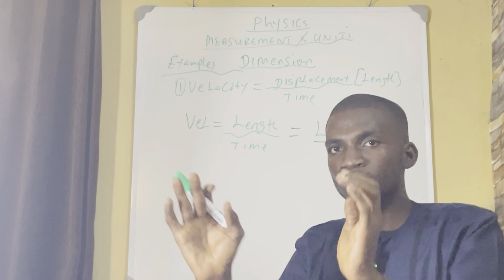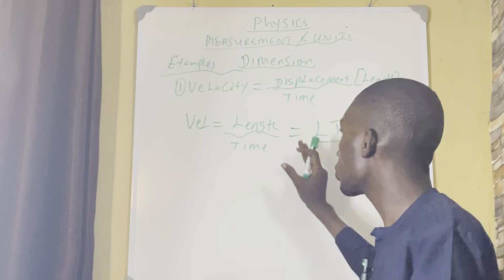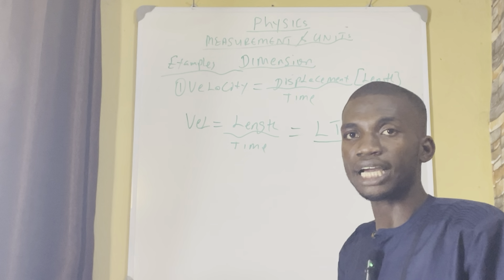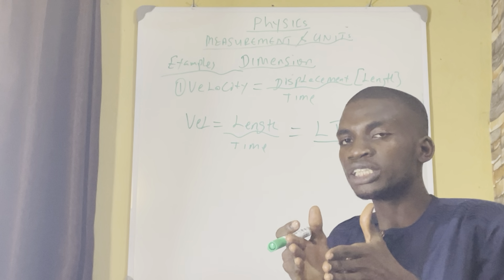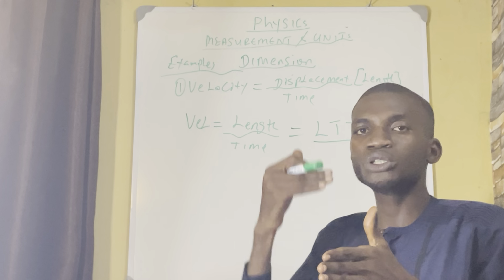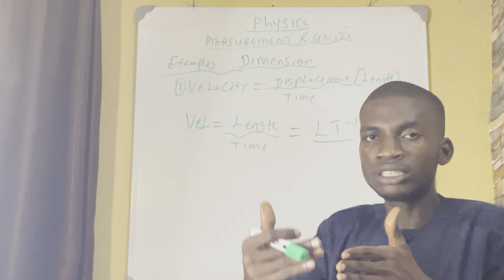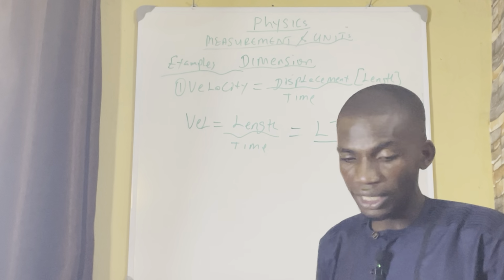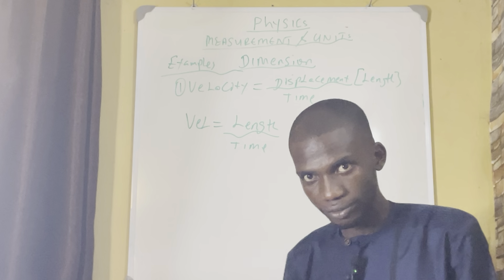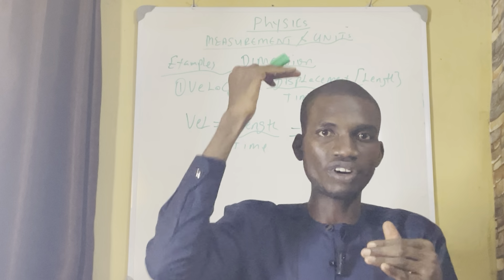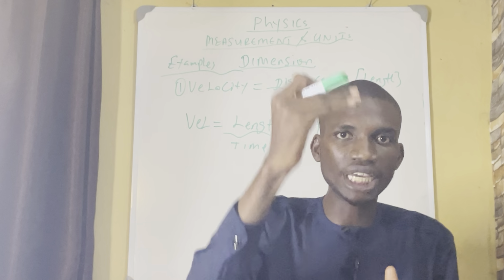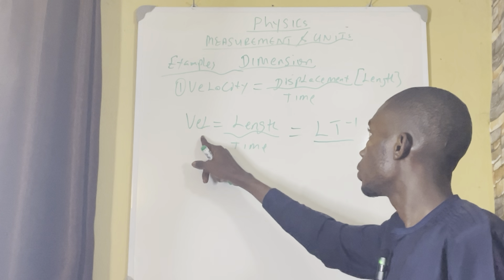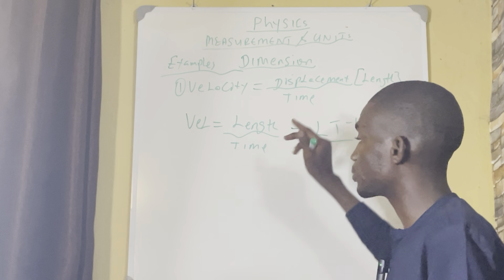You are converting them; the structure must change to length, mass, and time. Do you understand? Once you have not gotten length, mass, and time, you keep on converting until you get length, mass, and time. That's what we call dimension. Like this velocity, first of all we get length and time straight.